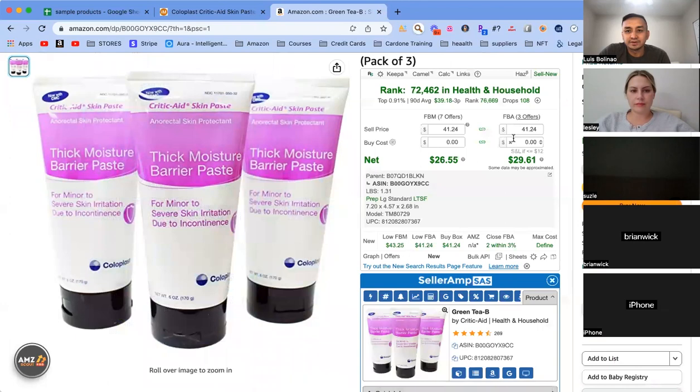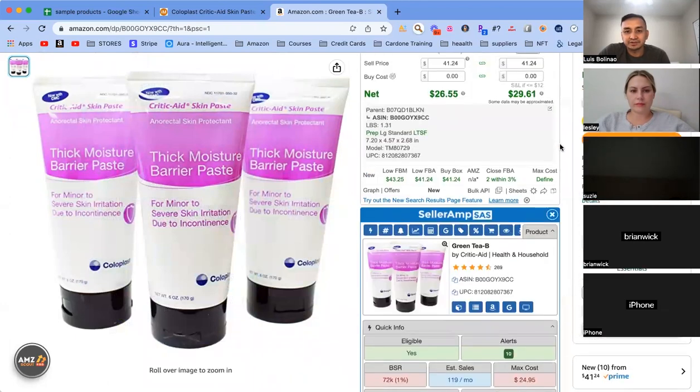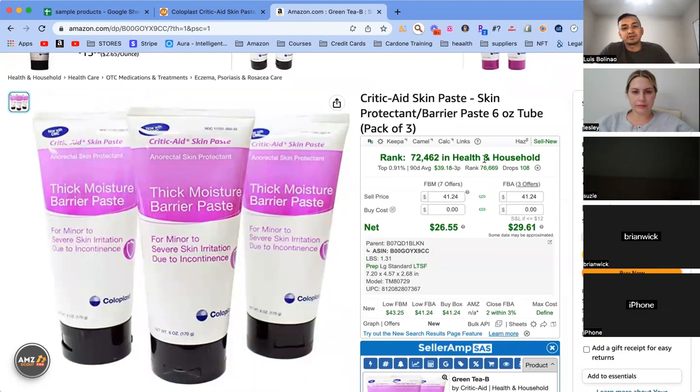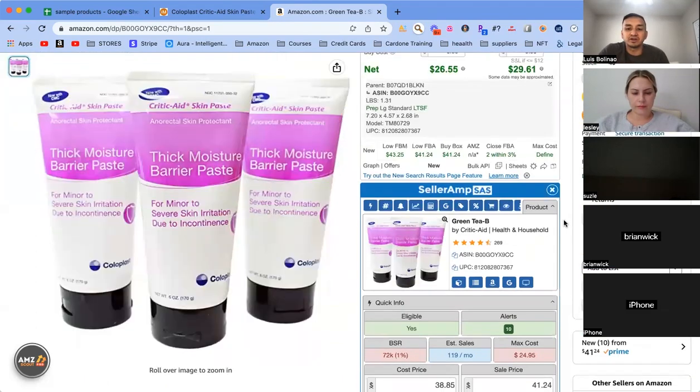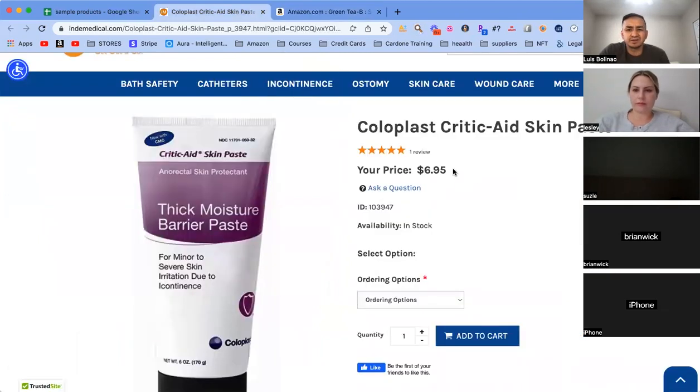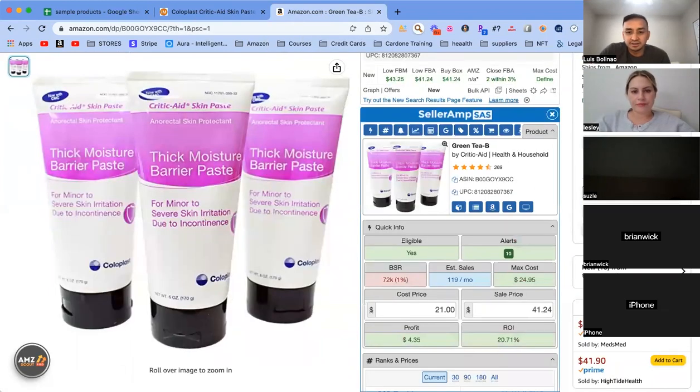So yeah, this one is about $7 or $6.95 per piece. This one is a 3-pack. So it's about, I want to say like $21. So $21, right? Is that right? So $21 is my cost, right?